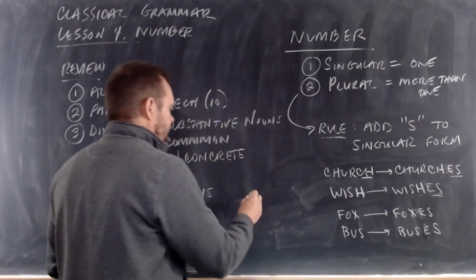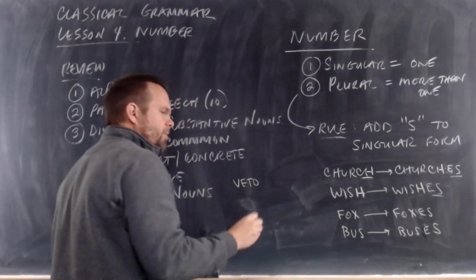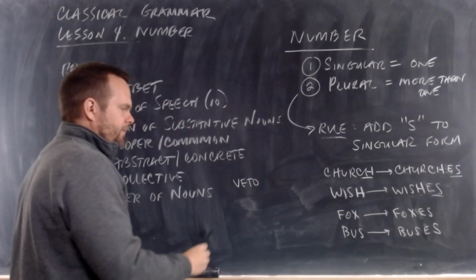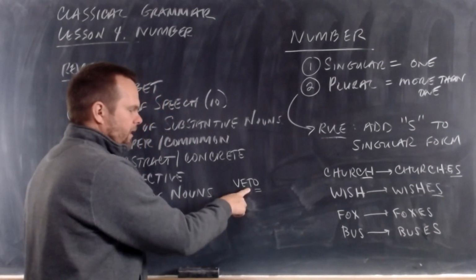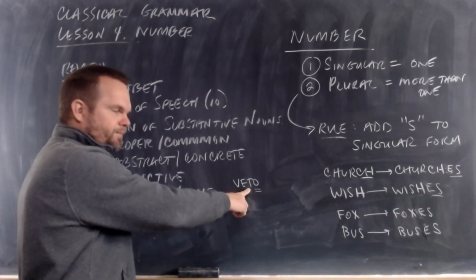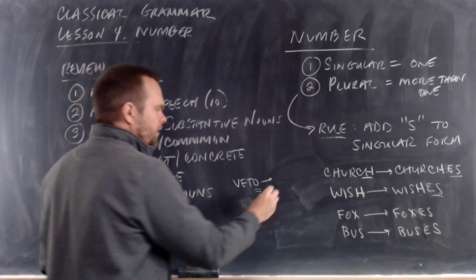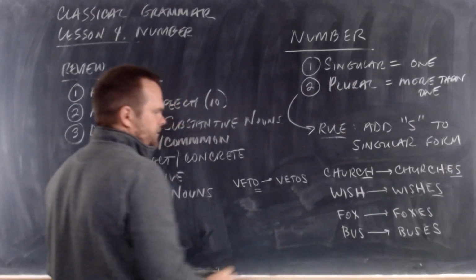Any word that ends in o after a consonant. So in government, there's a word, a veto. A veto means a vote to go against something. Here we see the letter O, the vowel O, coming after a consonant at the end of a word, right? So if we wanted to write the plural form of veto, we wouldn't just add s.